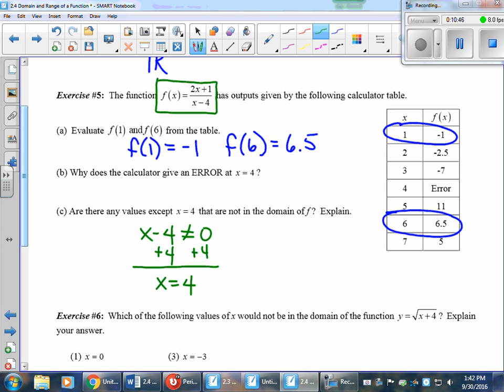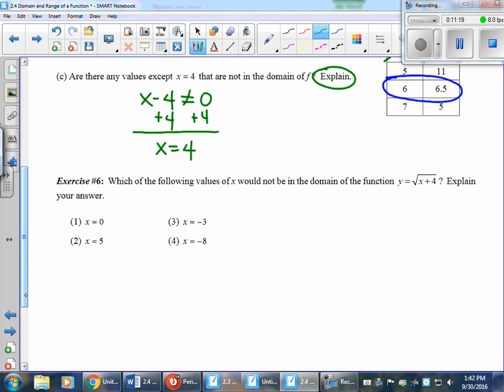You might have been able to get that just by looking at it. So basically, why this is giving you an error here is because it's not allowed. It says explain. This is where you would use your words to explain what we just talked about. Because division by 0 is not allowed anywhere in mathematics, for the value x equals 4, it would make the function undefined. And therefore, you have an error at x equals 4.